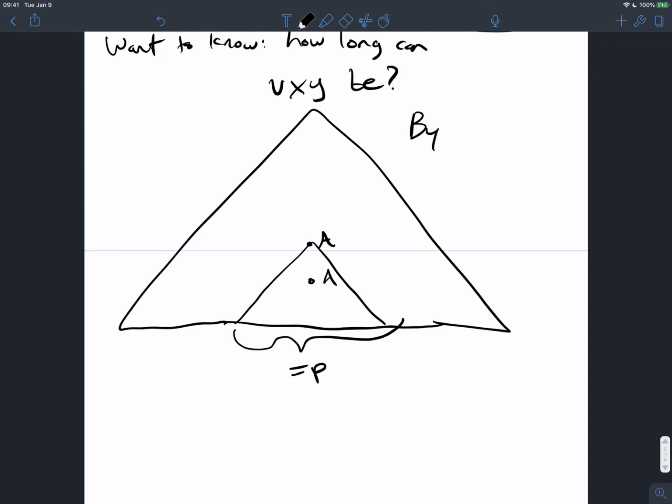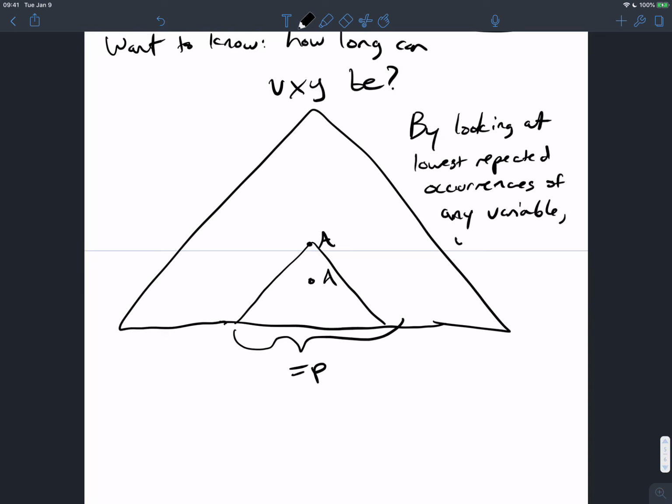So by looking at the lowest repeated occurrences of any variable, we guarantee that VXY is at most p.